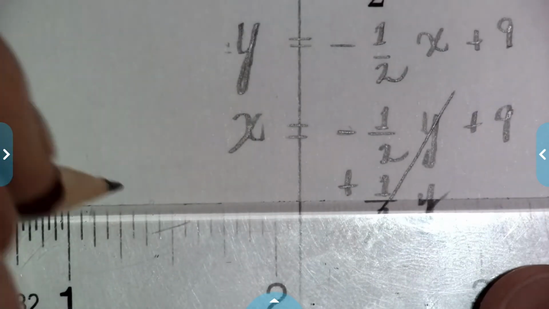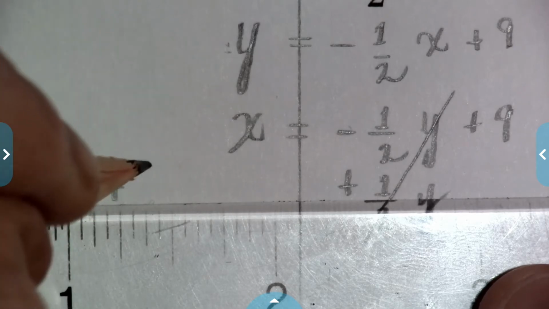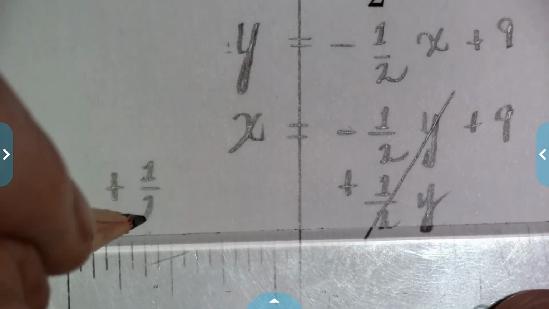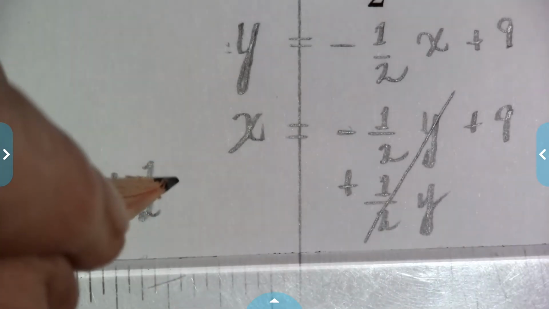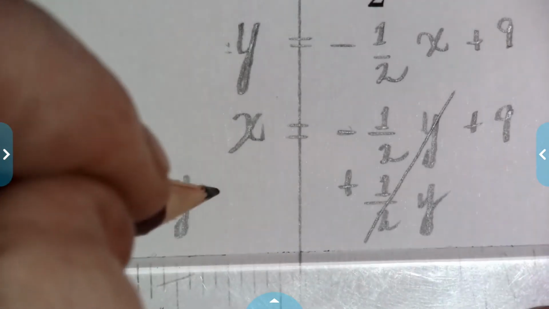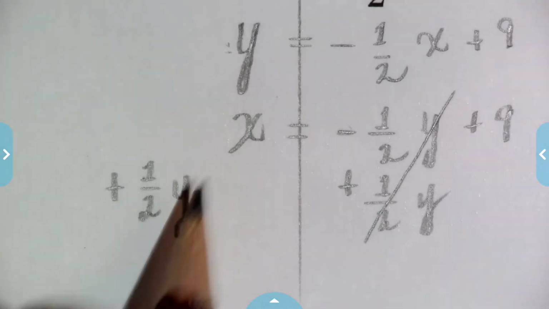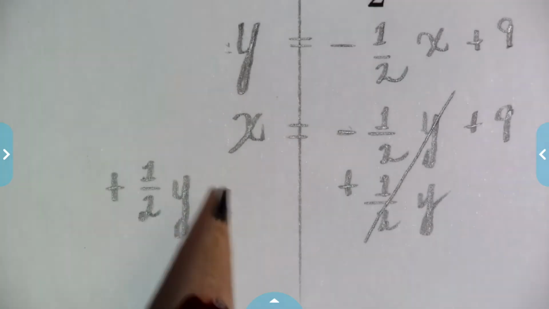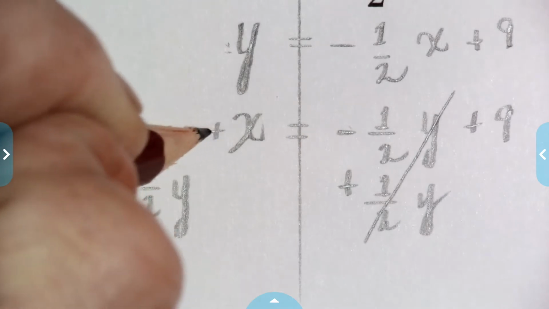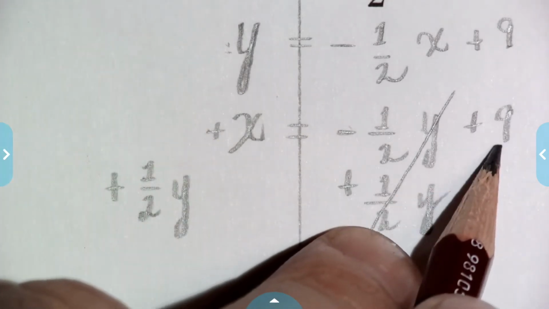And so I'm going to put plus 1/2 y. And then when we rewrite all this, it'll be 1/2 y plus x equals the only thing remaining on the right, which is a 9.